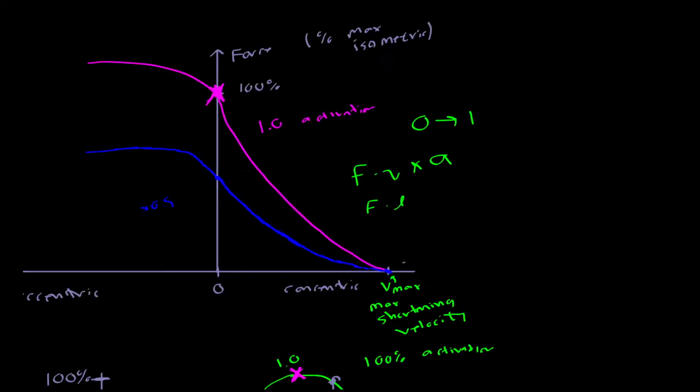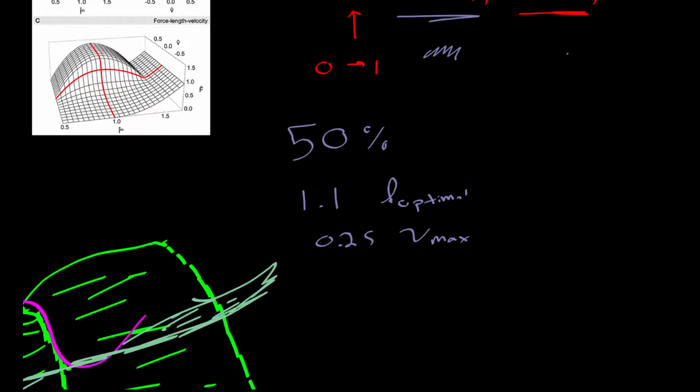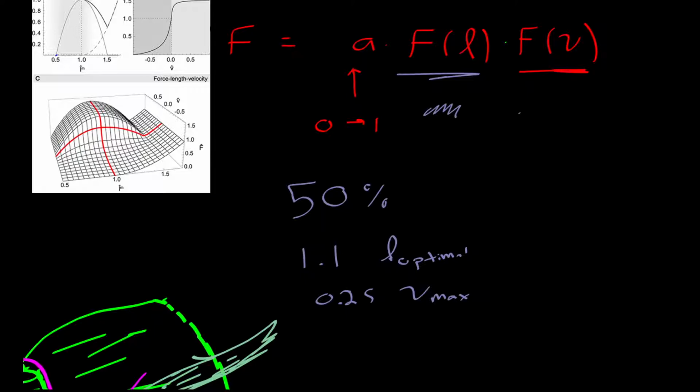So if this is Vmax, 0.25 would be like here. Figure out whatever value of force production that is. These are all going to be fractions of maximum muscle force production. So you figure out whatever that is, and you write that in here. And then you multiply by 50%. So 0.5 times whatever that is, times whatever that is.